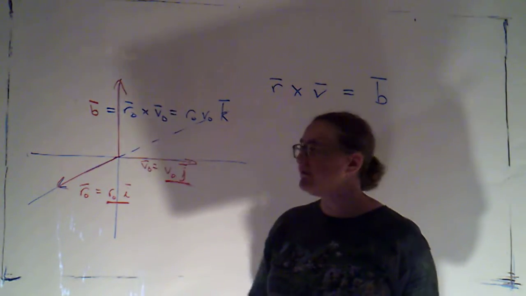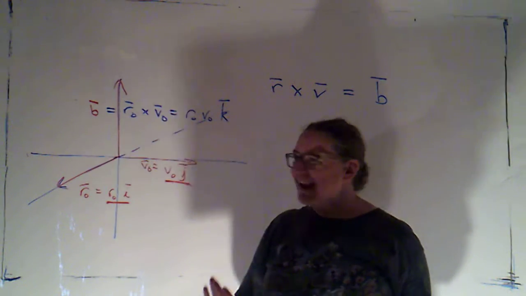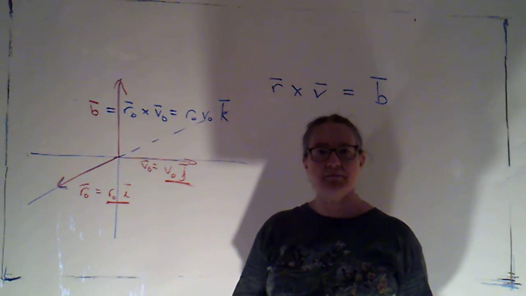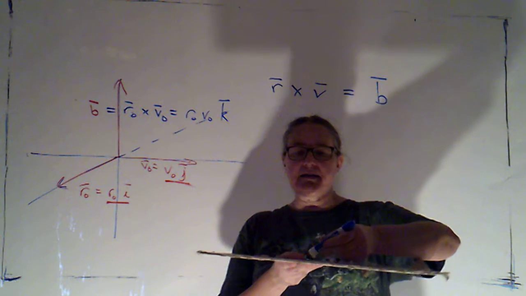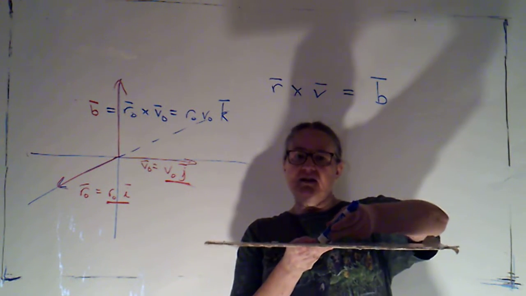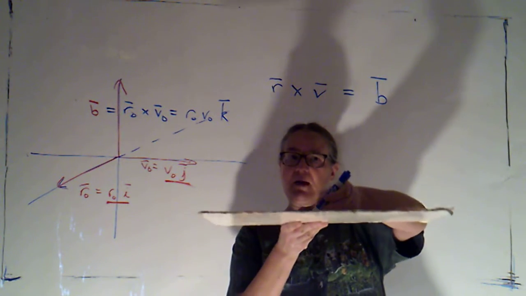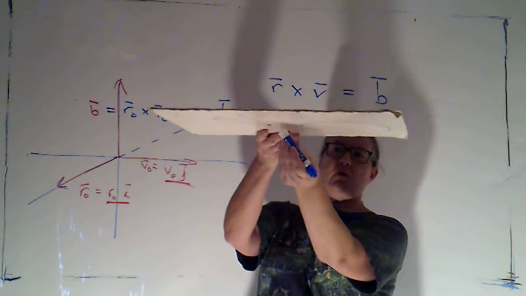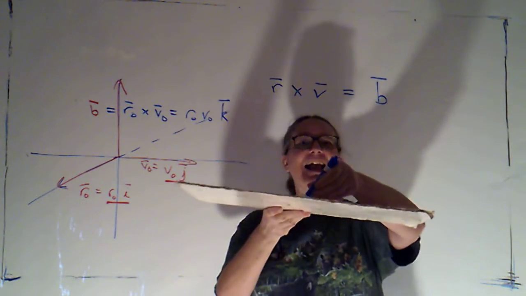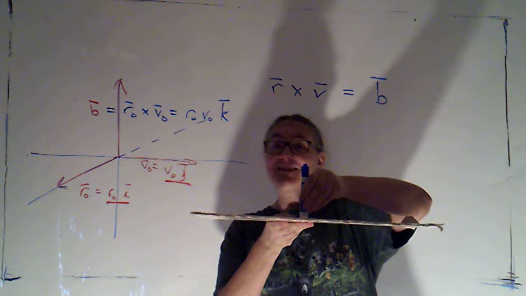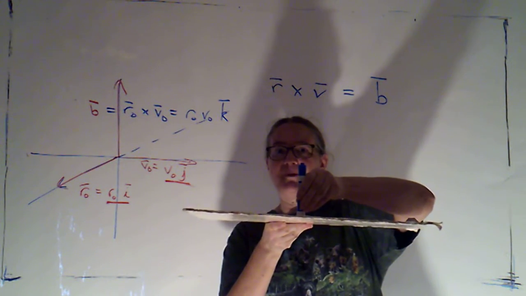If I have a position vector that did not lie on the xy plane, when I draw it in standard position, its tail is at the origin, it's going to have some vertical component to it. So maybe it points upward, possibly it points downward. It's not going to be orthogonal to this vector b that points straight up.